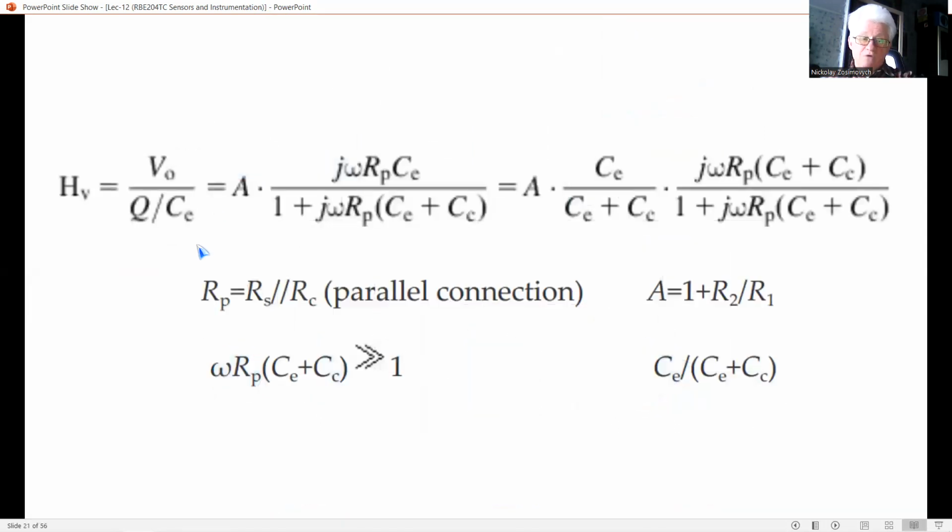The transfer of this circuit is given by the first equation on this slide, where Rp equals Rs over Rc, a parallel connection, and A equals 1 plus R2 over R1, the gain of the non-inverting amplifier.